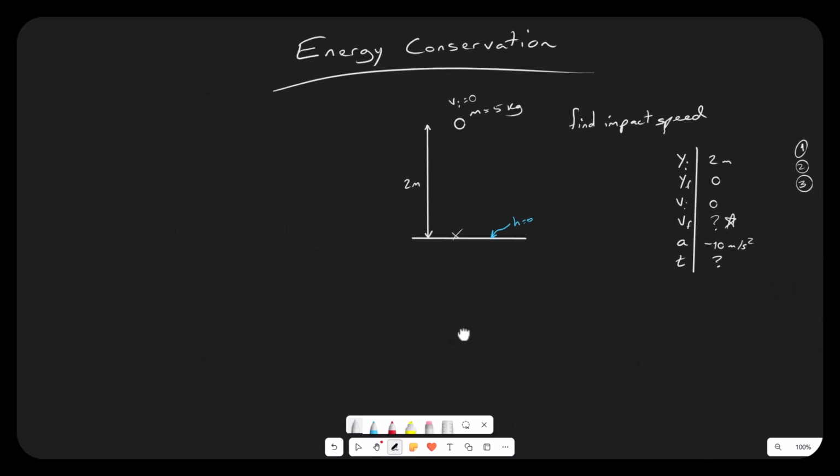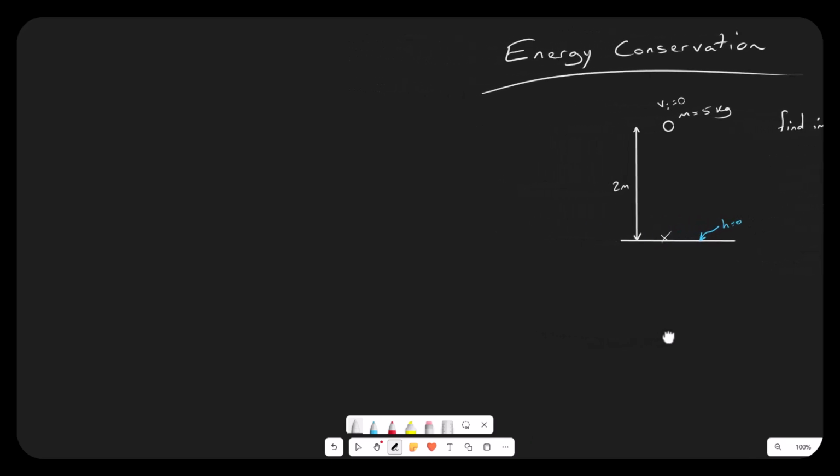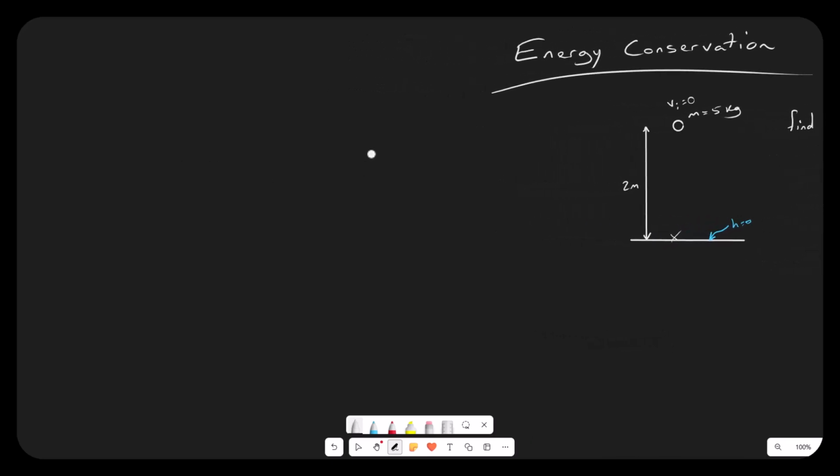I'm going to give you a different way of approaching the same problem. I can look at this, and if I say that's my final height of 0, I want to look instead at an initial position and a final position. I'm going to have potential energy, and I'm going to have kinetic energy.